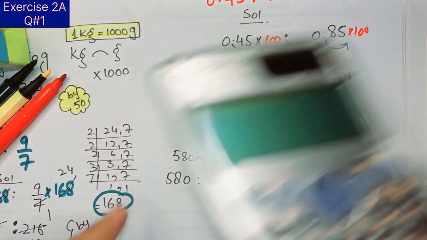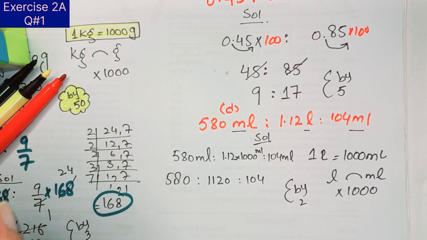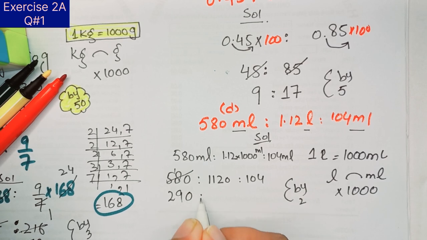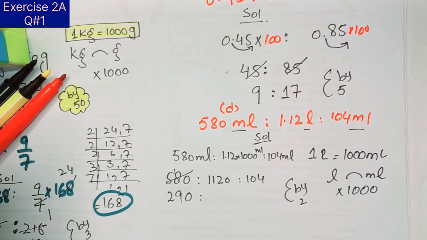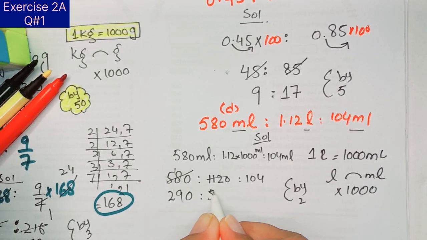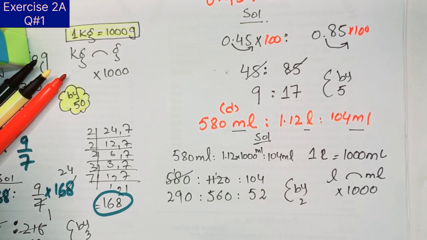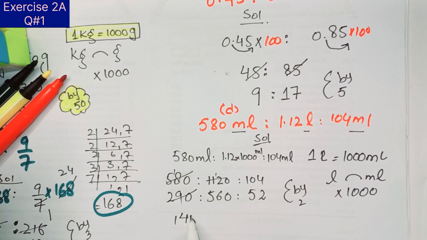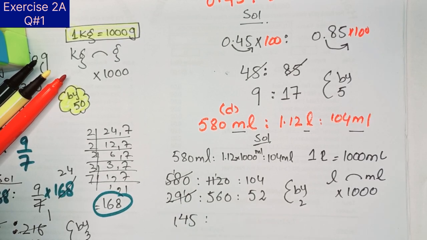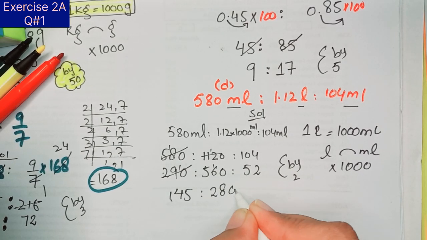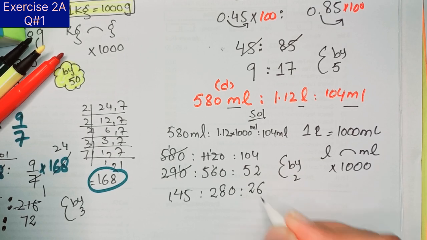So we divide by 2: 580 becomes 290, 104 becomes 52, and 1120 will also be divided by 2, giving 560. Again we can simplify it by 2: 145, 26 and 280.